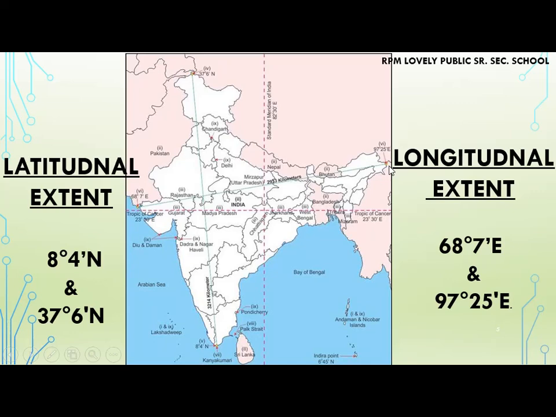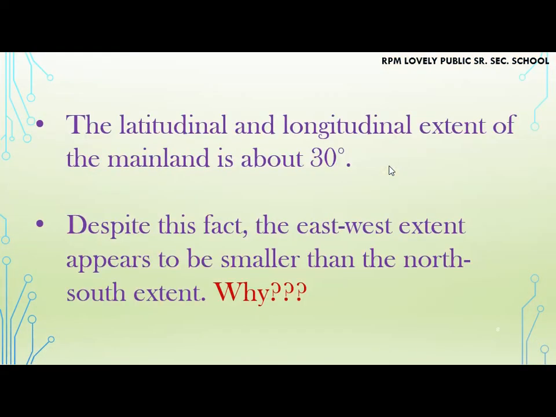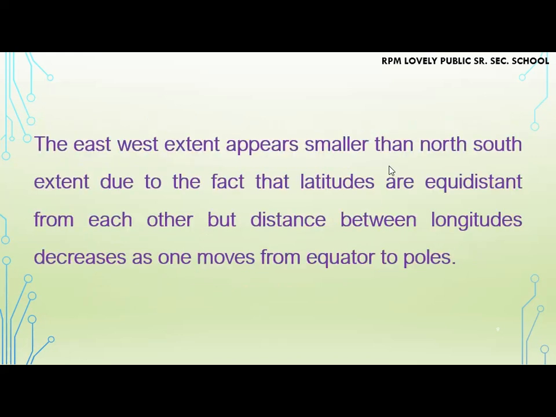Why? Students, latitudes are equal at distance from each other, but distance between longitude decreases as we move from equator to poles, and that is why the latitudes appear to be larger than the longitudes. Here is the answer for your reference.